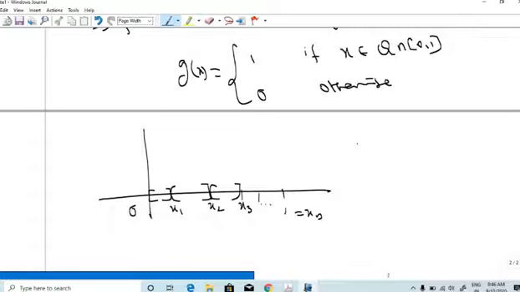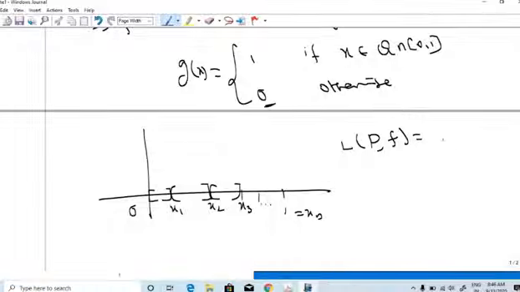Therefore, the infimum is always 0. Take P equal to x0, x1, up to xn as a partition. Then L(P, g) is nothing but the lower value of this function, so it is 0.